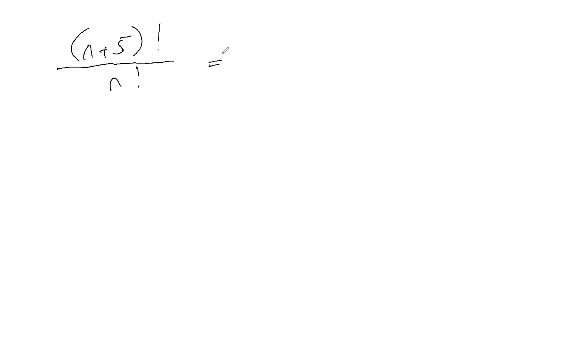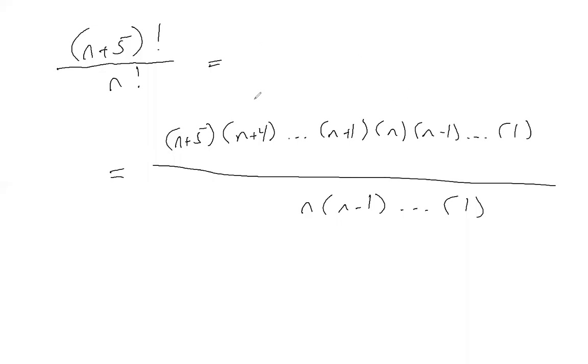Take a second to do it on your own, and if you want to do it on your own, go ahead and pause it. I'll write it out. All right, let's see the answer now. Grand reveal. I've just expanded my factorials, and what do I have? On the top, I have n plus 5 factorial, so I've got n plus 5 times n plus 4, and so on. And on the bottom, I have n times n minus 1, and so on.